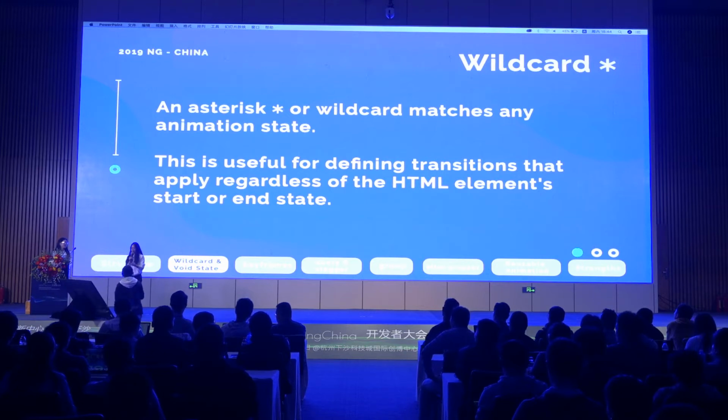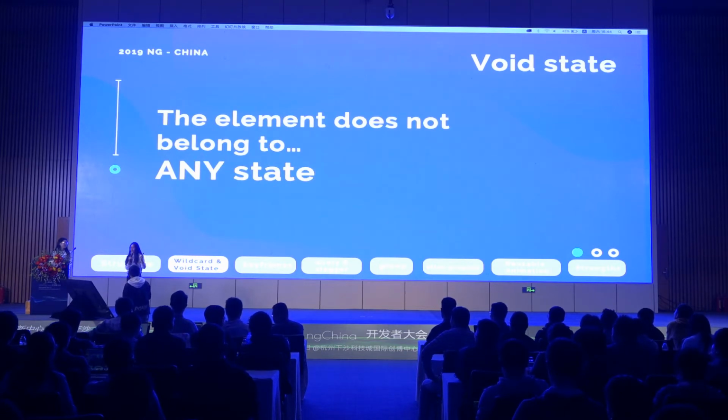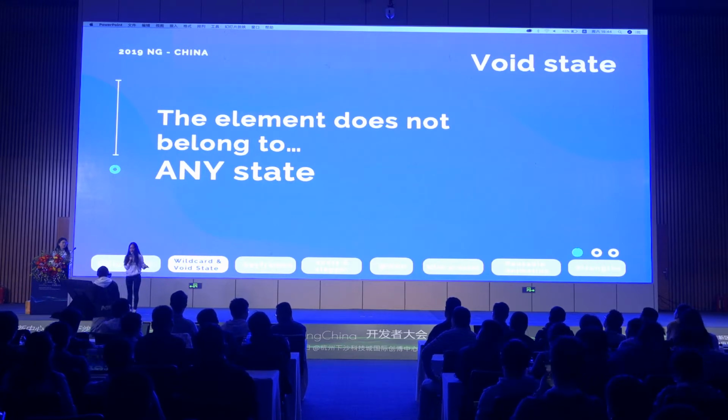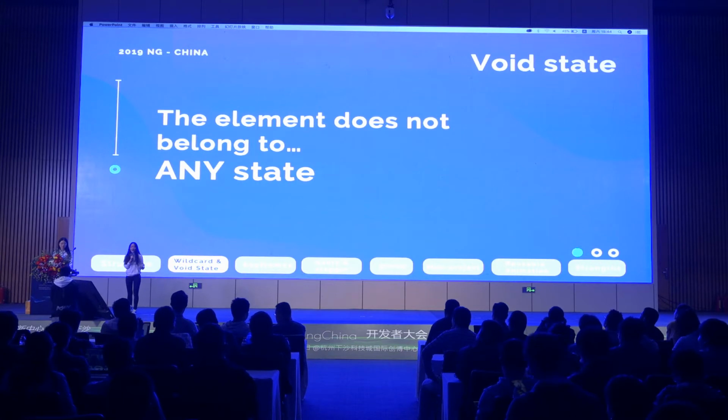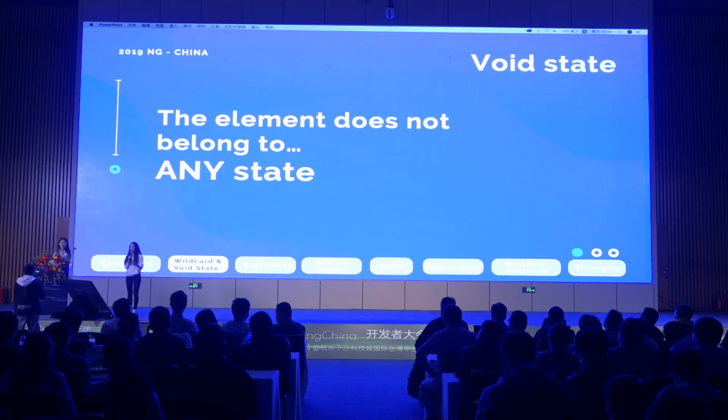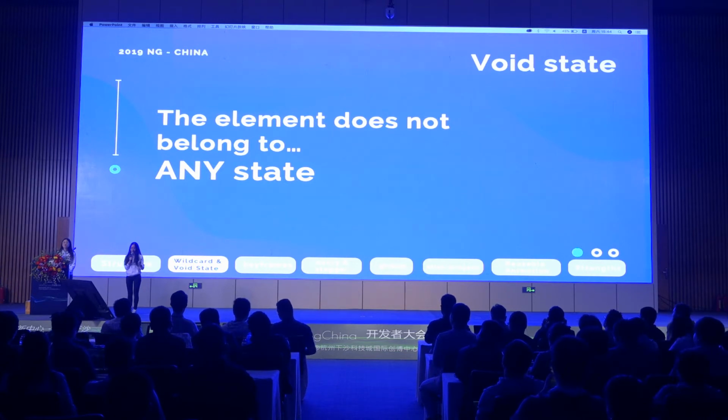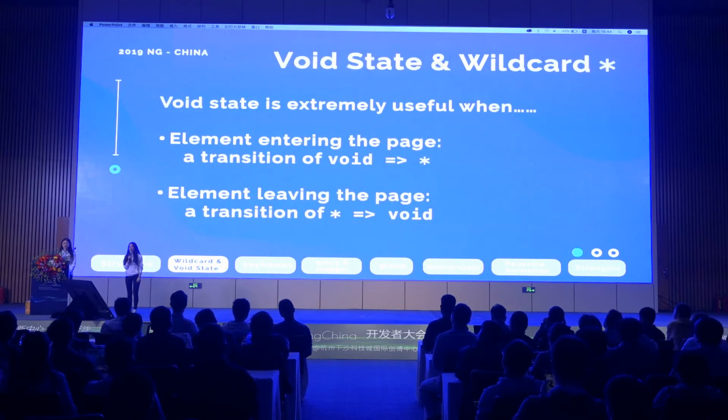Opposite the wildcard, we have the void state, which means that the element does not belong to any state at all. So now that we know that there is the wildcard and void state, what can we do with these states? The void state is extremely useful when we want to indicate that an element is entering the page or leaving the page.